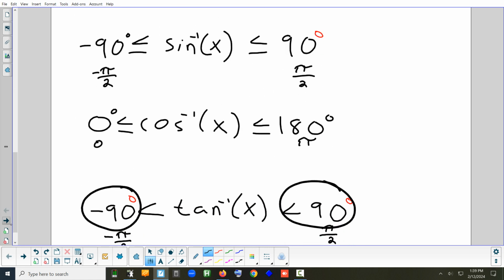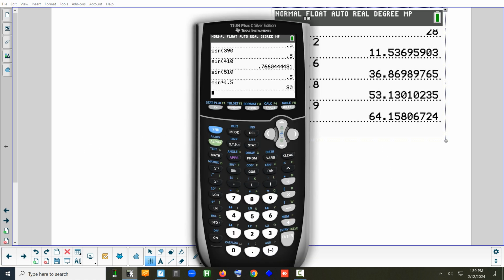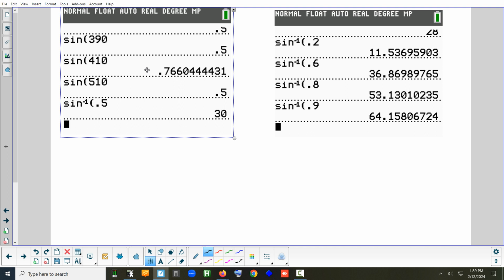When you do inverse sine, what did we say the answer is always going to be between? It's always going to be between negative 90 and 90. So look at all these answers that gave you 0.5. 30, 150, we had 510, I had 390.